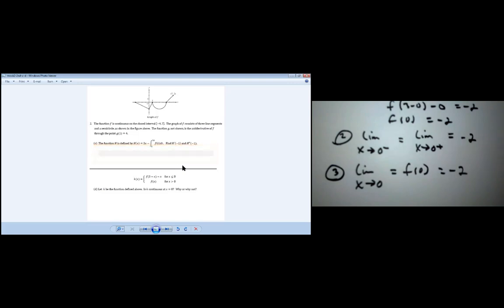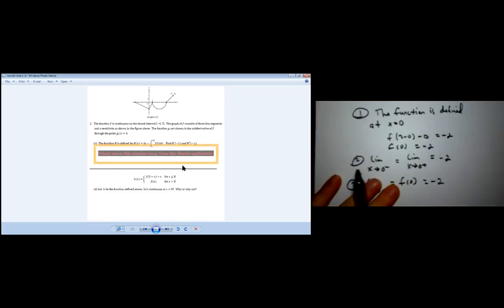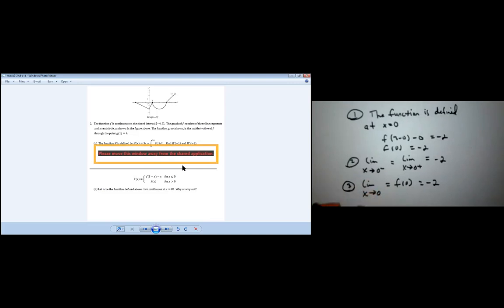Any questions there? For the justification, can you only say that the function is continuous at x equals 0 because all the conditions of continuity are met?